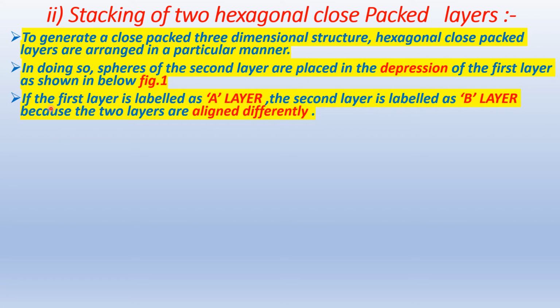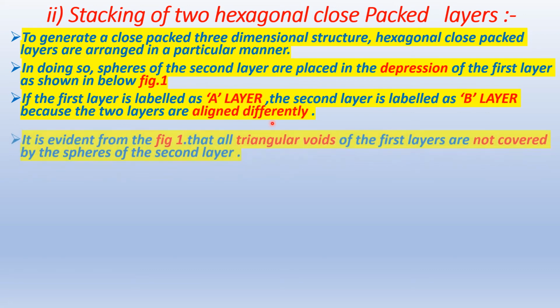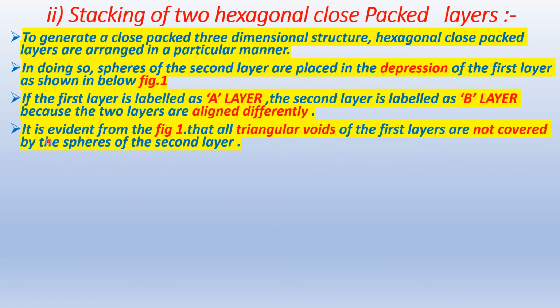If the first layer is labeled as the A layer, then the second layer is labeled as the B layer, because the two layers are aligned differently. Hence, it is evident from figure number 1 that all the triangular voids of the first layer are not covered by the spheres of the second layer.